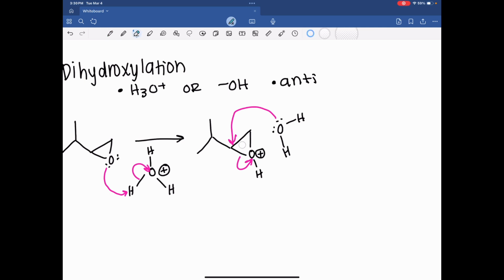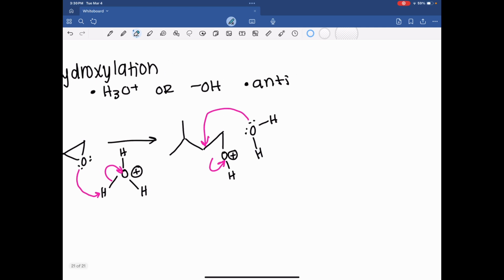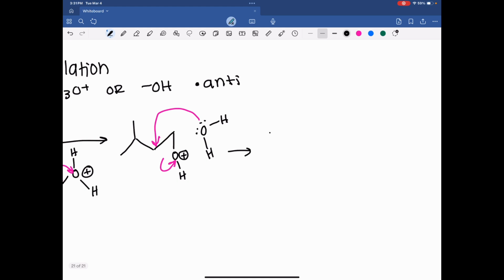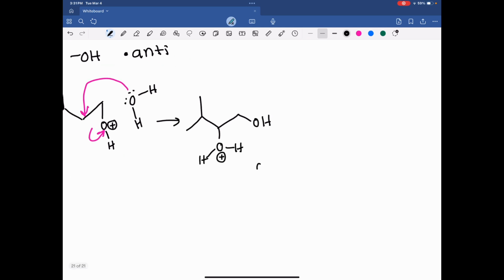If I have a hard time visualizing this, I can just erase this right here. And then we'll just have another water molecule come pick up one of these protons. These electrons from this bond go back to my oxygen.